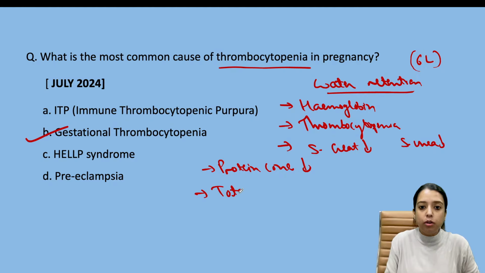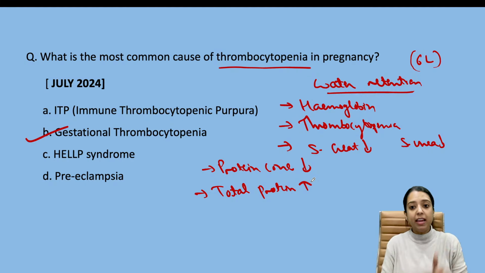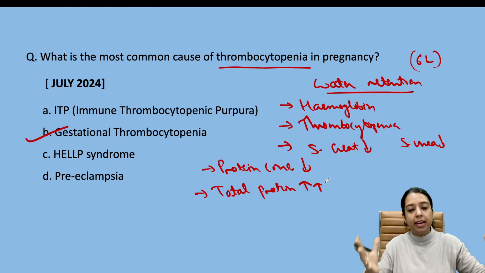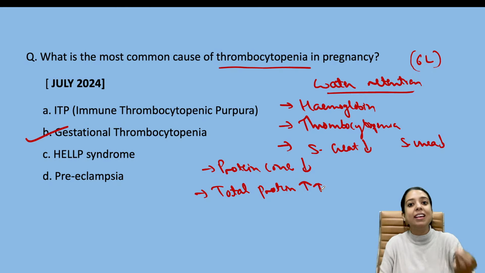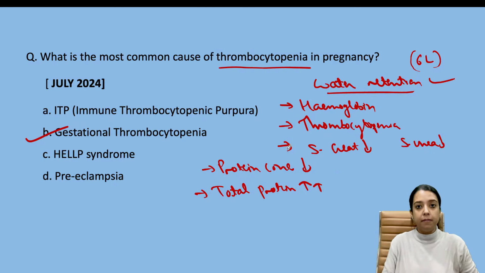The total protein level increases, because extra protein means extra muscle the mother is gaining, extra blood, baby, uterus, everything is protein. Total protein is rising, but the concentration of protein is decreasing. So the concentration of everything is falling because of water retention. It is physiological. Okay?